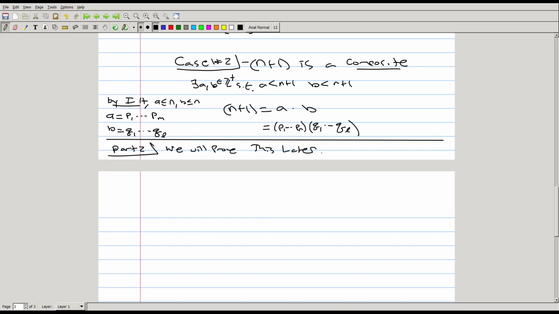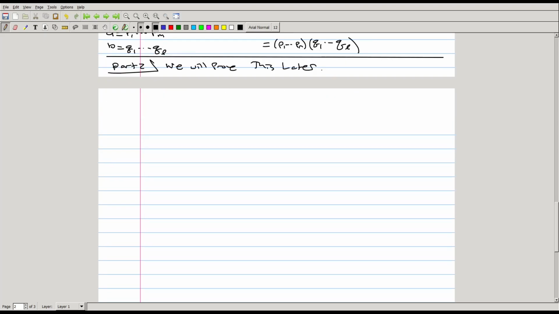Now, there's a pretty useful theorem in the book that's neat, and this is proved by contradiction. I'm not going to go through the proof, but it'd be a good exercise to take a look at for yourself.